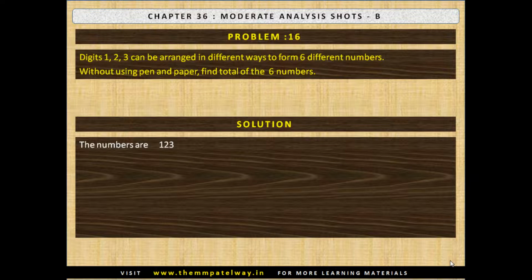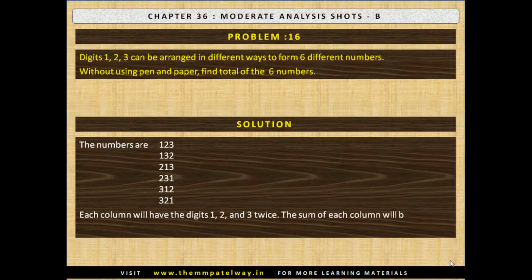The numbers are 123, 132, 213, 231, 312 and 321. Each column will have the digits 1, 2 and 3 twice. The sum of each column will be 12. The sum of 6 numbers naturally will be 1332.